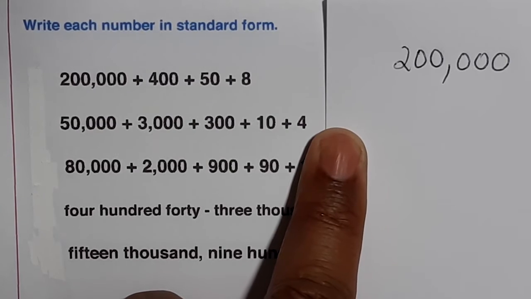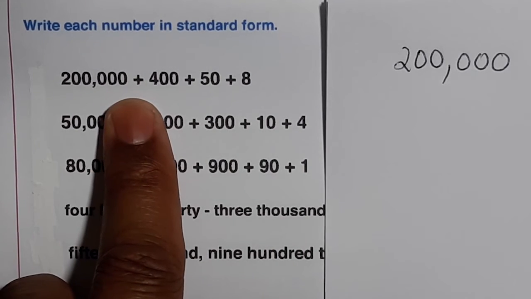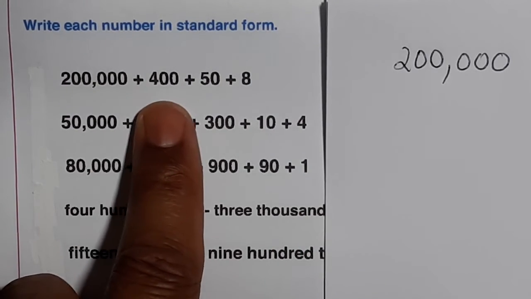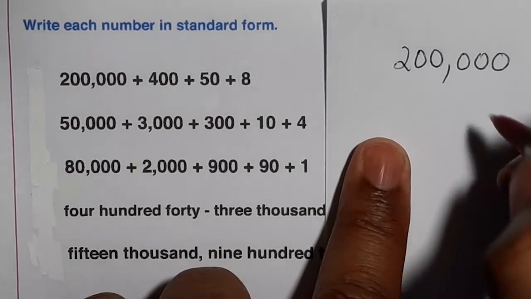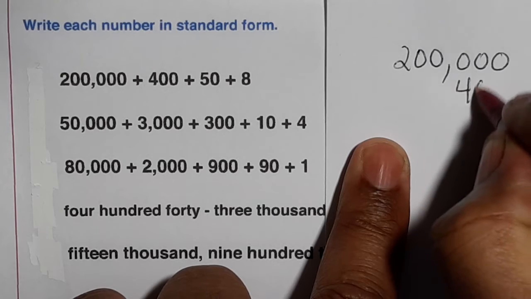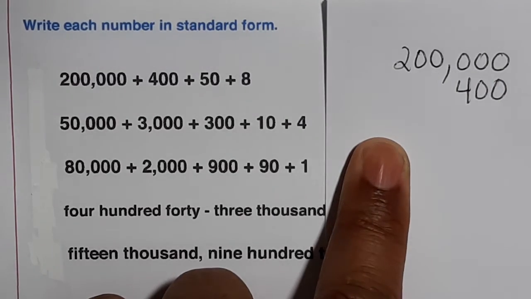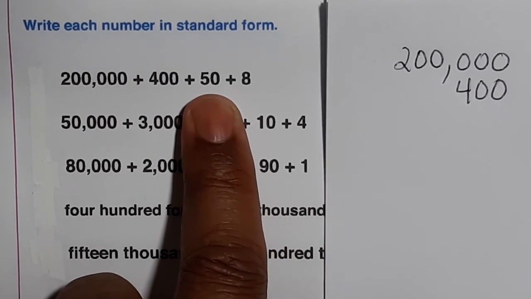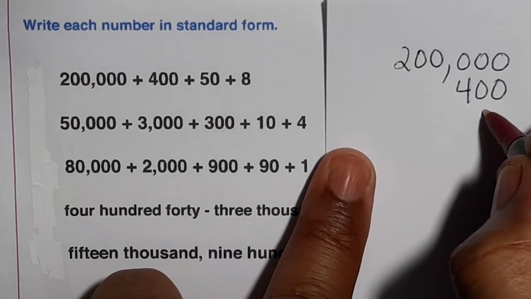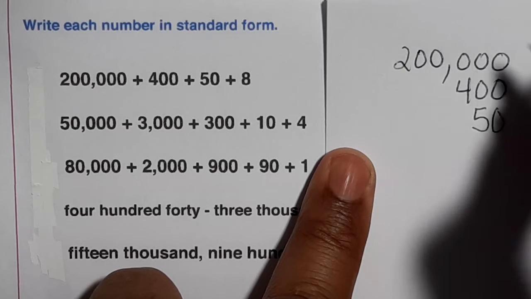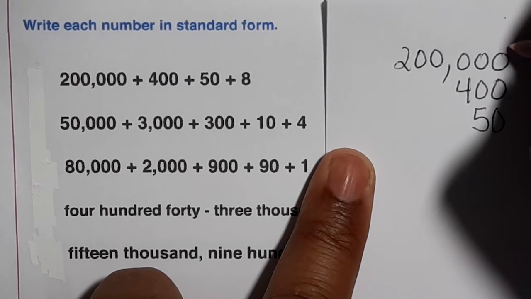Next, we don't have any 10,000s, and we don't have any thousands. The next one goes to hundreds. So we would put the 400 right underneath. And then next we got the tens, which is 50, and we would line it up where it would normally line up. Remember, this is the ones.